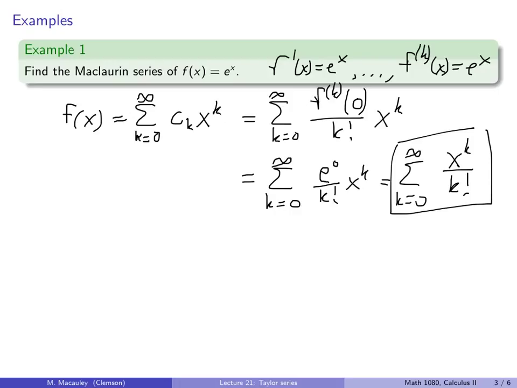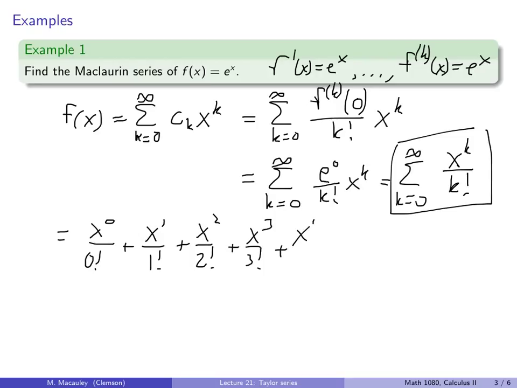So let's write out the first few terms so we get an idea about this. For k equals 0, we have x to the 0 over 0 factorial, which is 1, plus x to the first over 1 factorial, plus x squared over 2 factorial, plus x cubed over 3 factorial.